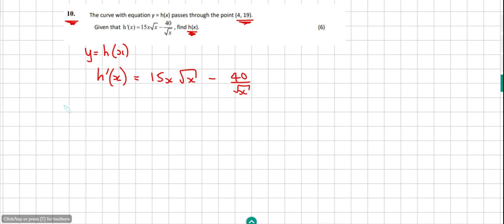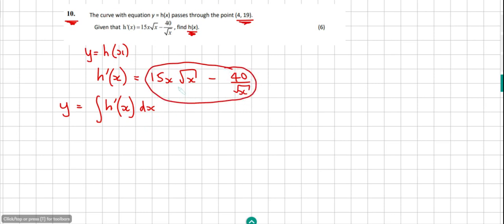So we know that y is actually the integral, because integration is the opposite to differentiation. So it's the integral of the function of the gradient, so h dash x, with respect to x. So what we're going to do is integrate this here.